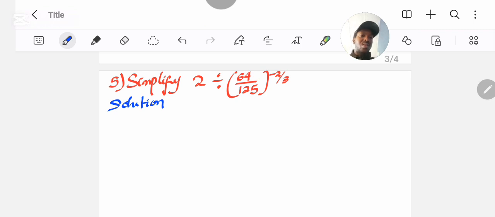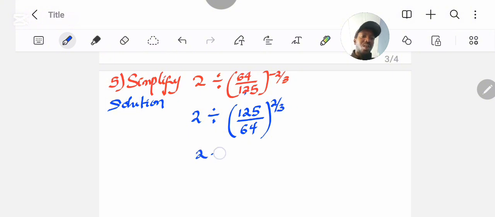All right, so the next question, number 5, is we have 2 divided by, straight away applying the law, this negative sign is going to interchange the fraction. We have 125 over 64, raised to the power of 2 over 3.